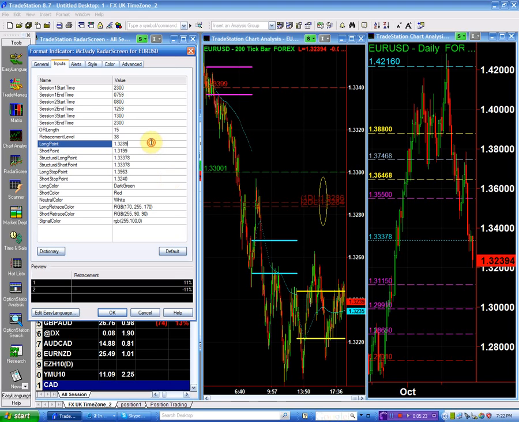I tell you what, let's make the buying point 133 even, which is this here. This would be our buying point. And my stop, we're going to make it a very tight stop. We're going to put the stop below 132.80. So the long stop is below 132.80.